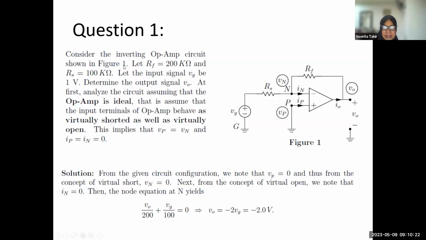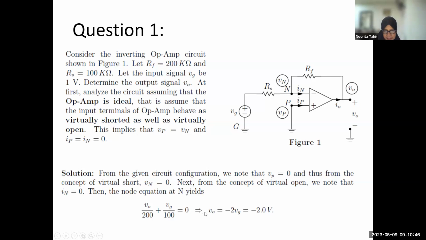So how do you get that? Based on the assumption given above, we compute I. V out over RF plus VG divided by RS, where RS is 100K, is equal to 0.